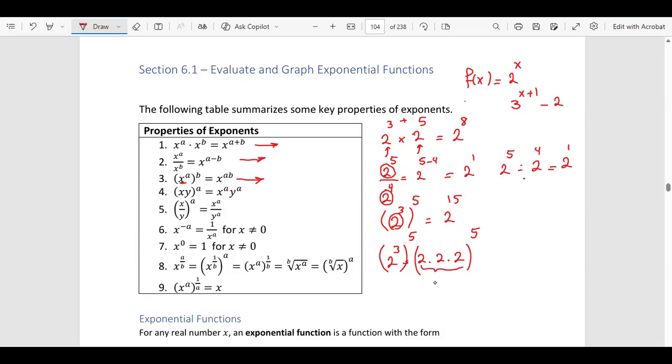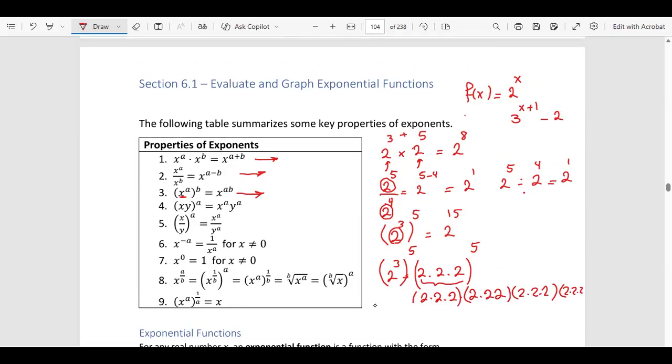So 1, 2, 3 times, 4 times, and 5 times. And you can see that we are multiplying 2 by itself 15 times. So that's why we just multiply the powers.